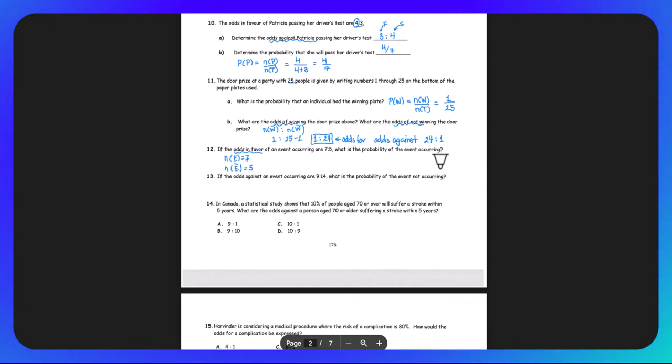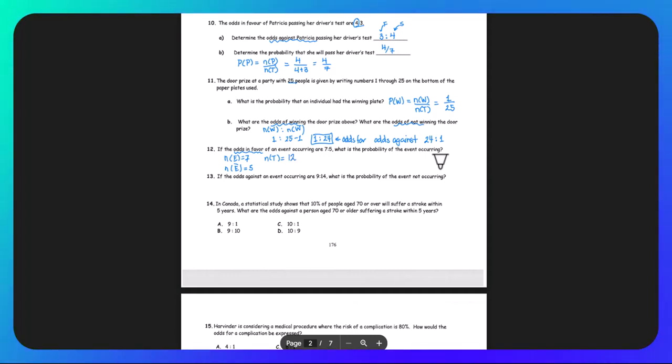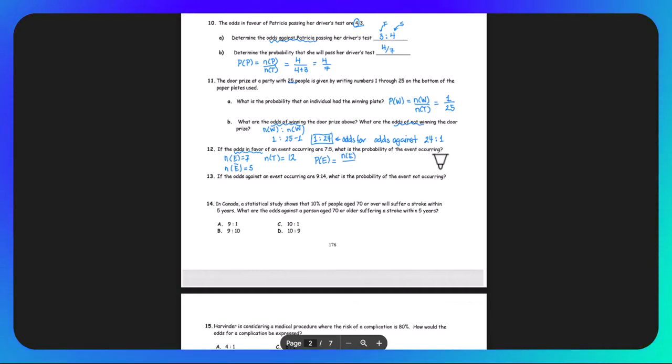So the total number is those two added together, which is 7 plus 5, which is 12. So we're asking what is the probability of the event occurring? That is going to be the number of the event over the number of the total, which is going to be 7 over 12.